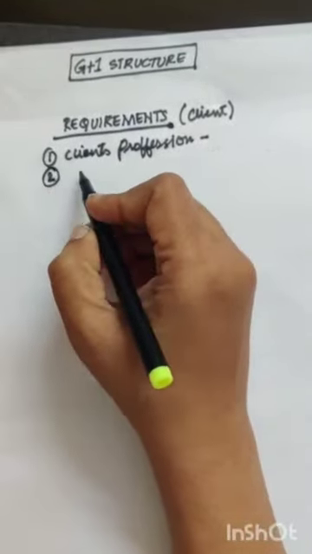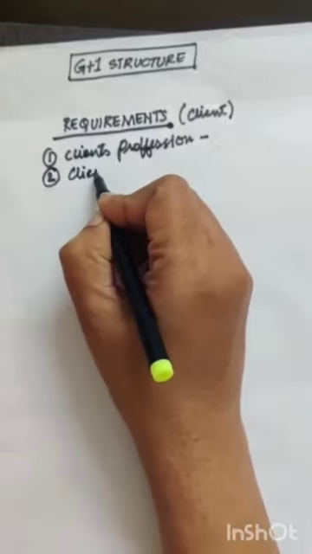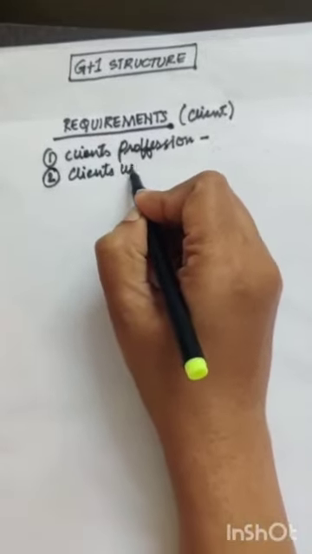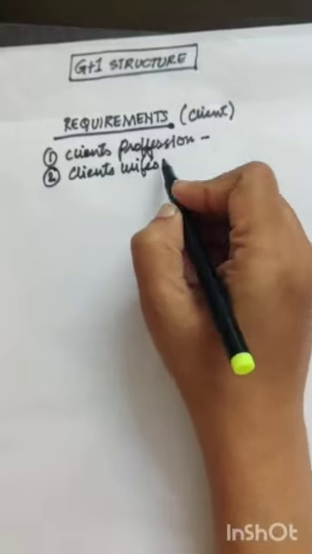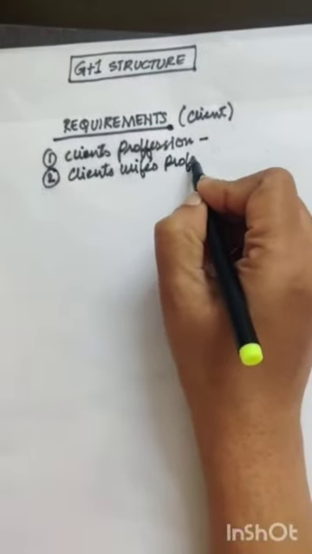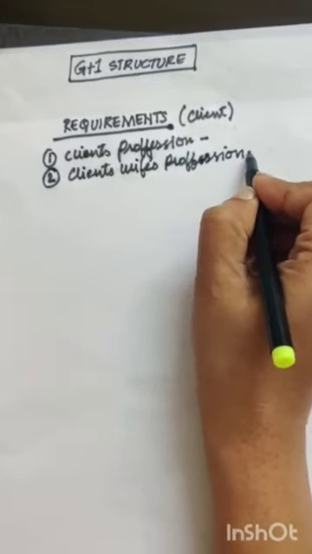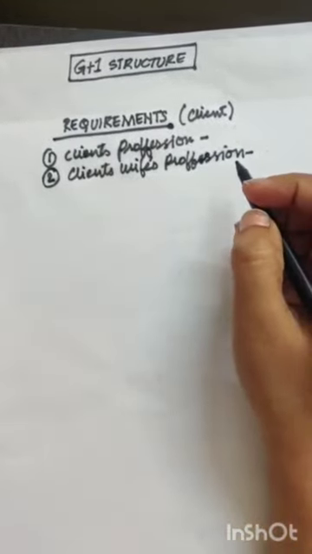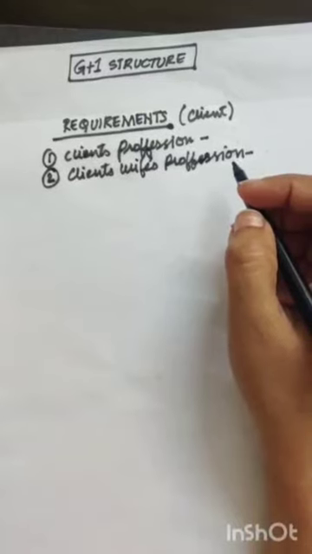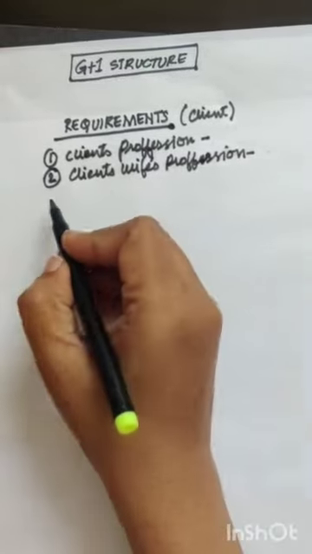The second thing again is the client's wife's profession. Now here, whether she is a housewife or working, similarly this helps us add few elements in the planning.